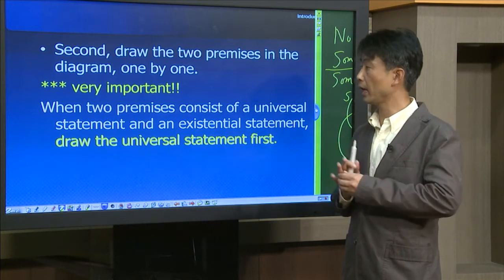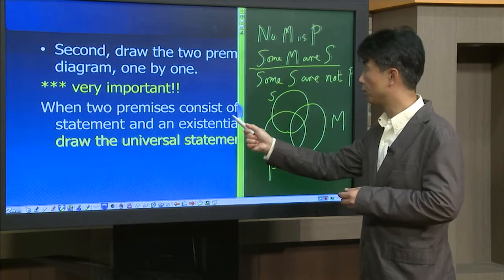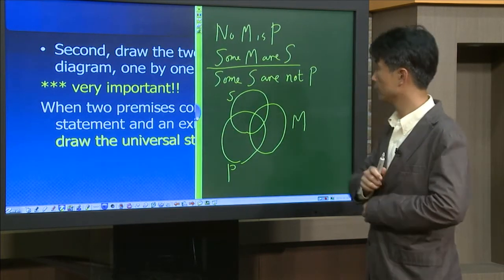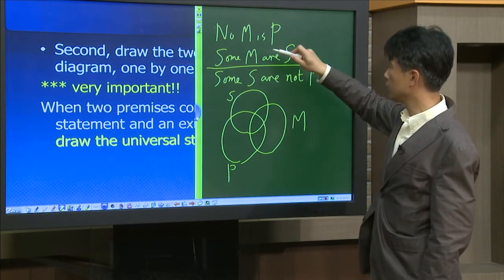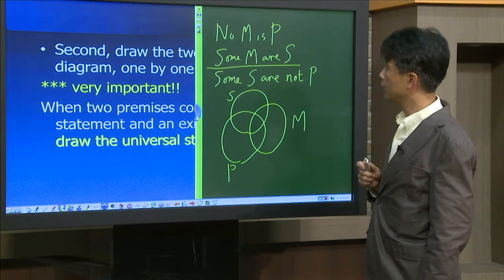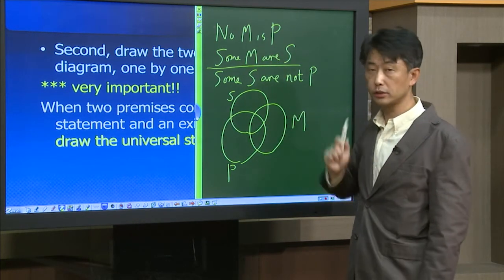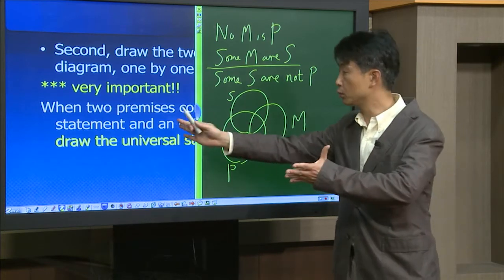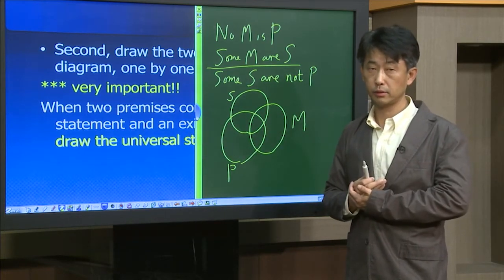So keeping that in mind, let's complete the second step here. Here is the first premise and second premise. And this is a case of that, right? Two premises, one is universal and the other is existential. And the rule says, draw the universal statement first.